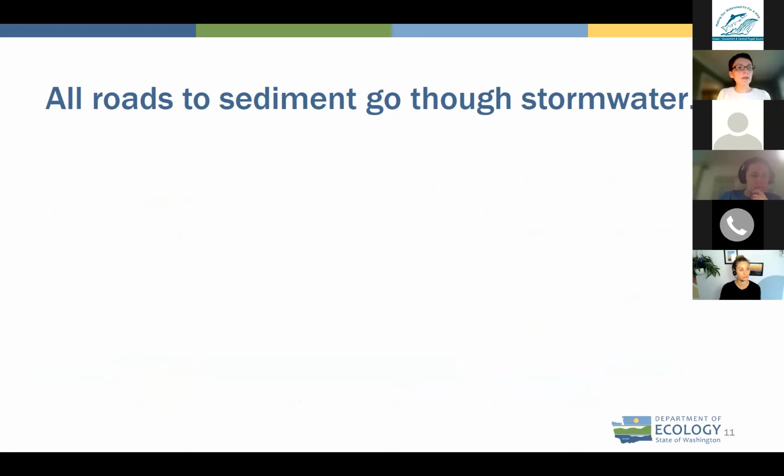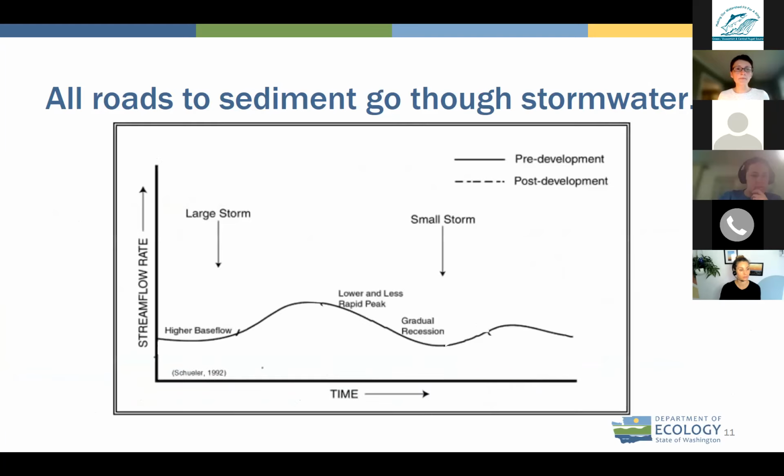But I wanted to spend a little bit of time on this conceptual model showing that under development conditions, large storms can cause some uptick in flow rates, but usually these spikes are moderate and gradual, happening over long periods of time.